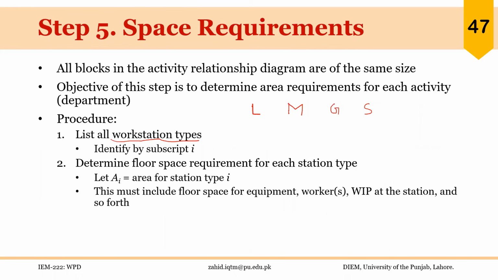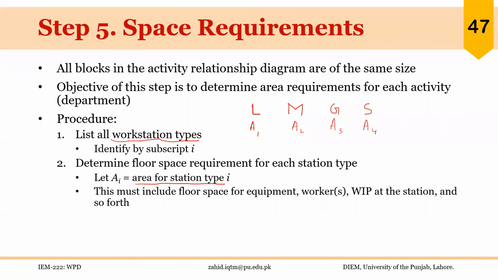Then we have to determine the floor space requirement for each station type. How much area will each lathe require? How much area will each milling machine require? How much area will each grinding machine require? Ai is the area of station type, and it is possible that there could be machines of different sizes, so we could have different areas to add.